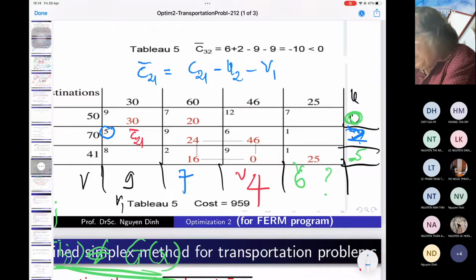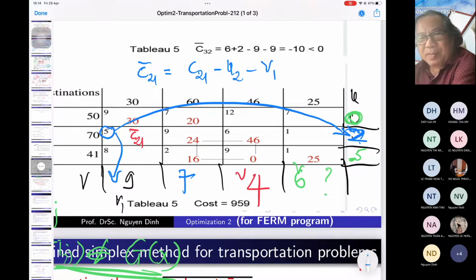This one is 7. So C bar 2, 1 is equal to 5 minus 2 minus 9. C bar ij equals Cij minus ui minus vj.